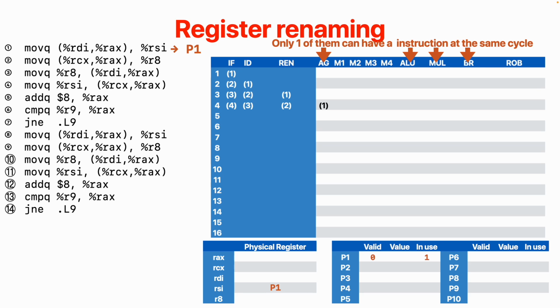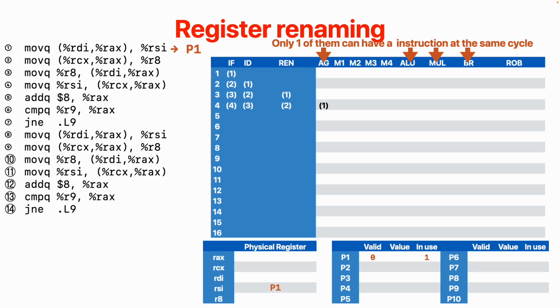Now, after I rename this, I'm ready to put this instruction into execution, and now I can rename the second instruction. As you remember, we have multiple pipelines, which include address generation, ALU, MUL, and BR. In the modified issue logic, at this point, I'm only allowed one instruction to be put into execution.